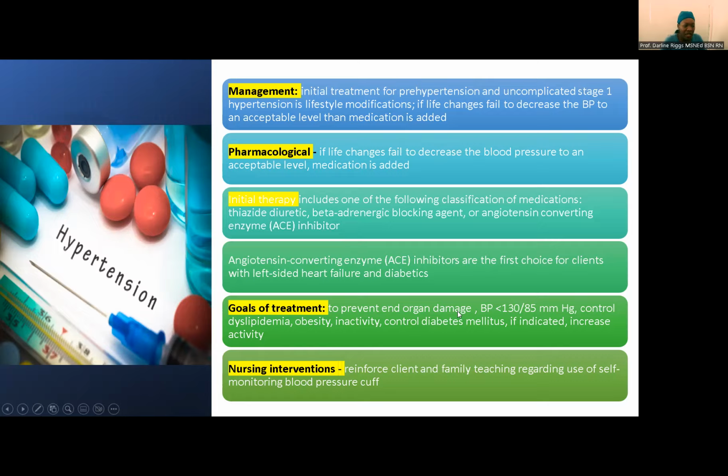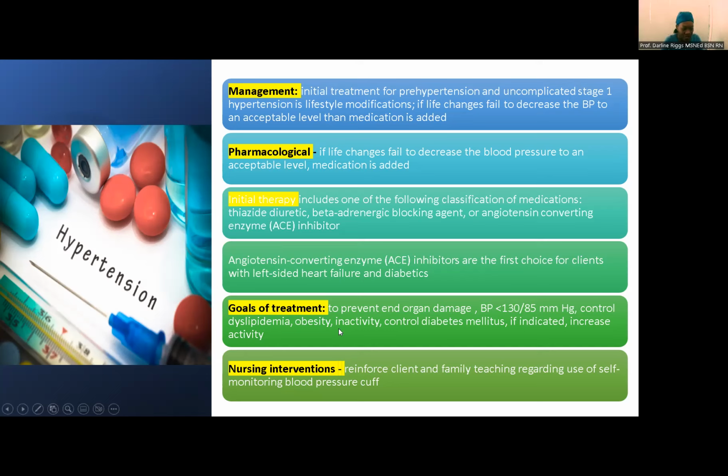Goal of treatment, we want to prevent that organ damage that I mentioned earlier. And that's why we're so aggressive with making sure we keep your blood pressure low, because as it increases and increases, you're at risk of damaging your organs. Okay, so we want to keep your BP less than 130/85. We want to control your cholesterol. If you're obese, we want you to lose weight.